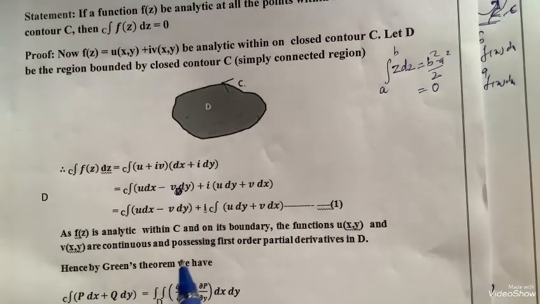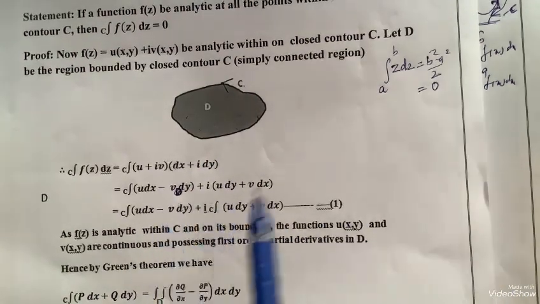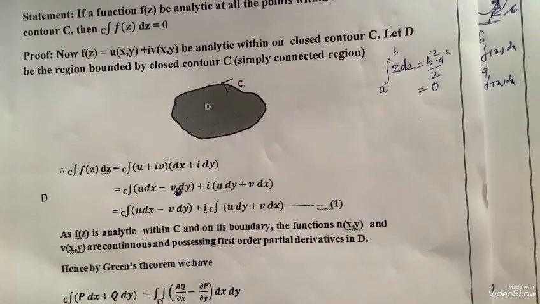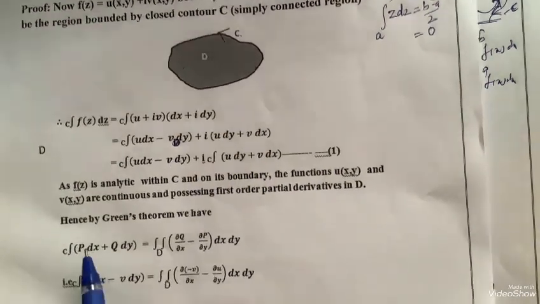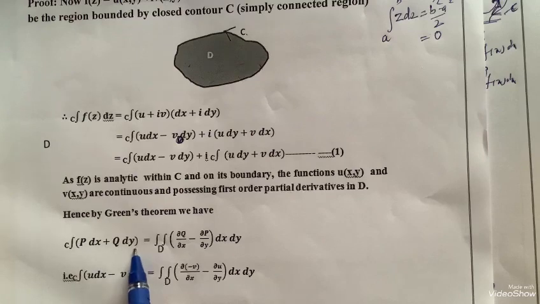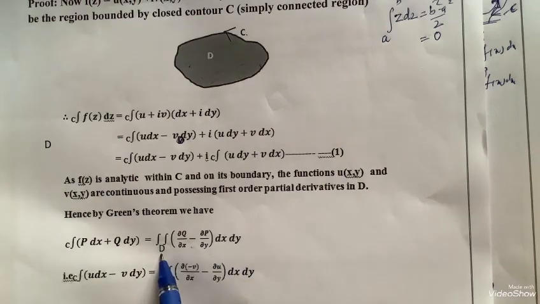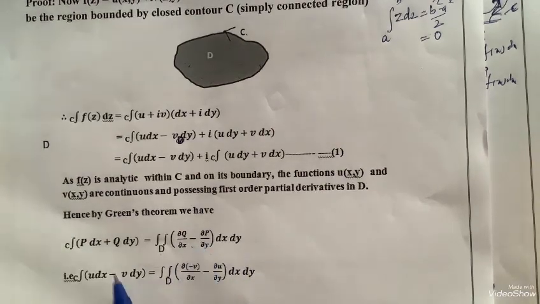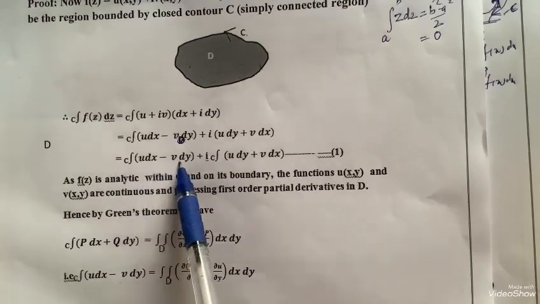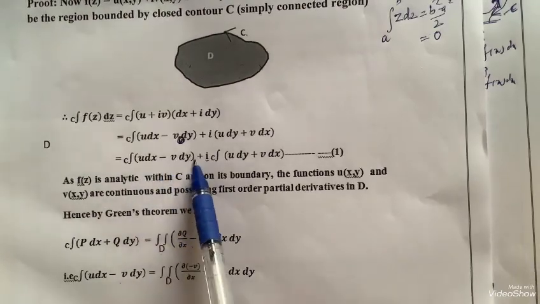So u and v are satisfying the conditions of Green's theorem. Therefore now Green's theorem states that integration of p dx plus q dy over C must be equal to double integration of (dou q by dou x minus dou p by dou y) dx dy over D. So this same I can use for the first one, this u dx minus v dy.